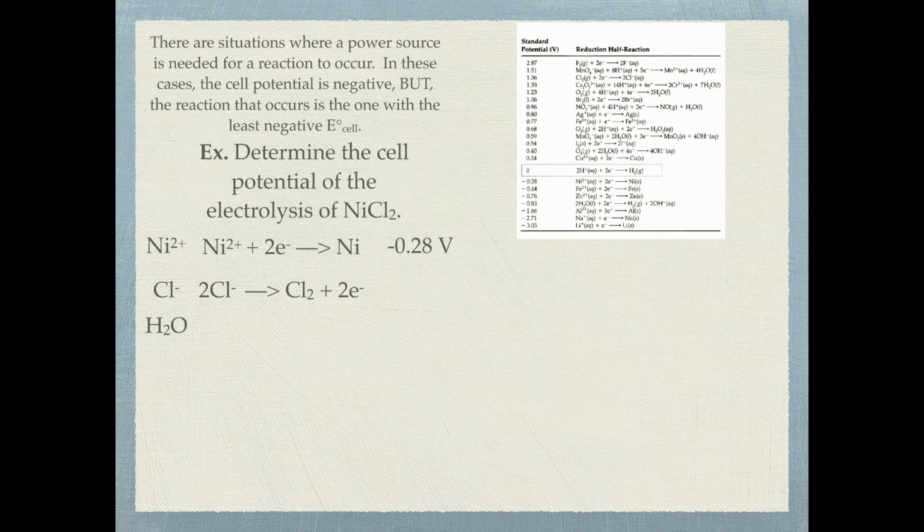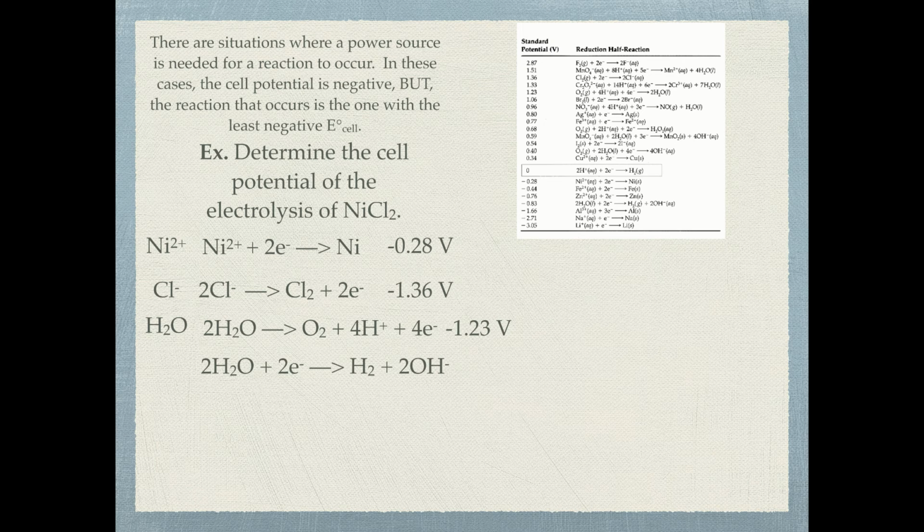For the one fifth from the top, I just need to flip that reaction, so it becomes 2H2O produces O2 plus 4 H plus and 4 electrons. So I take that positive 1.23, which is the reduction potential, and make it negative. And then the last option is the fourth from the bottom, 2H2O plus 2 electrons, because water is a reactant there, and the cell potential is negative 0.83 volts.